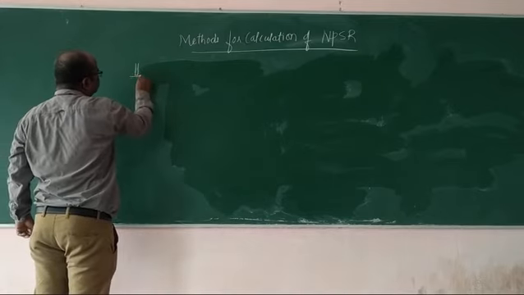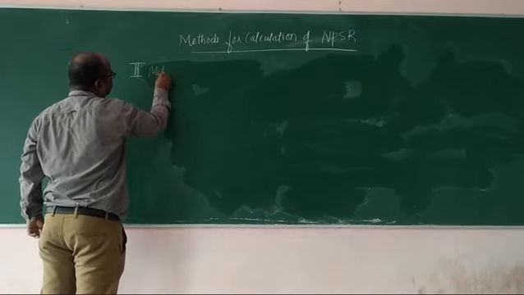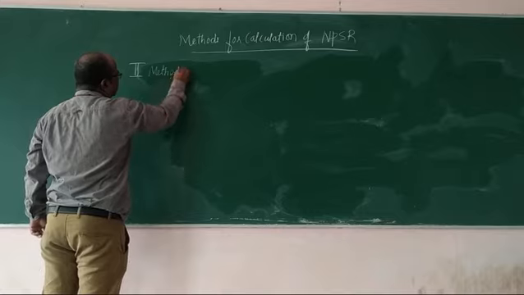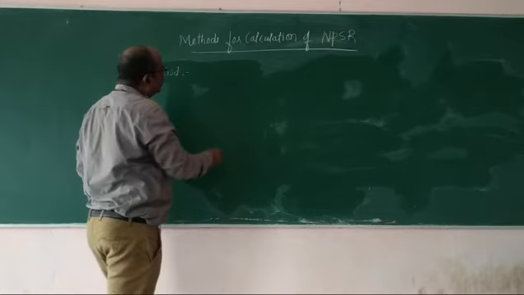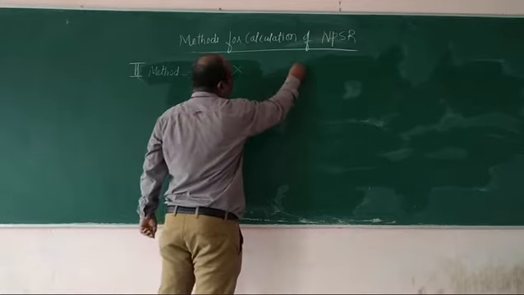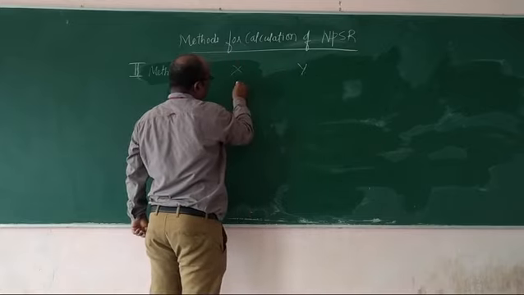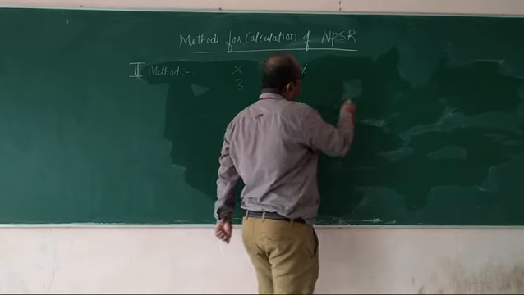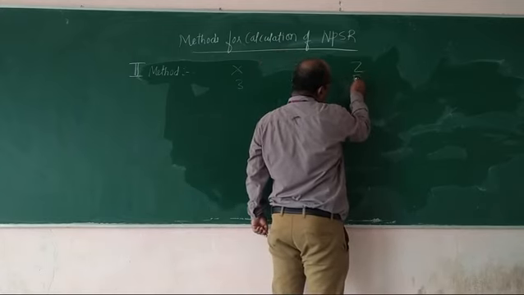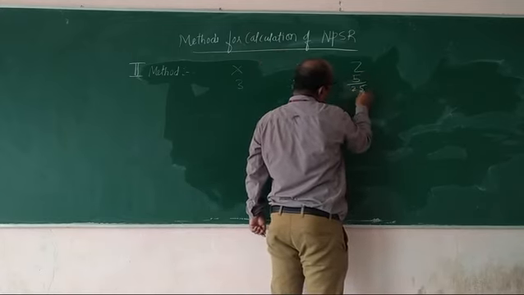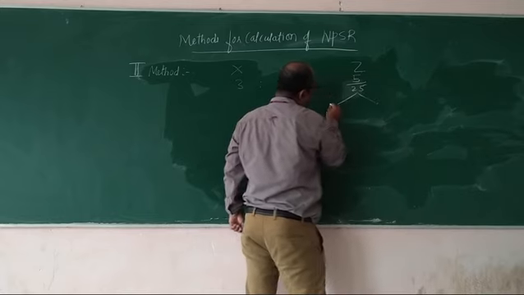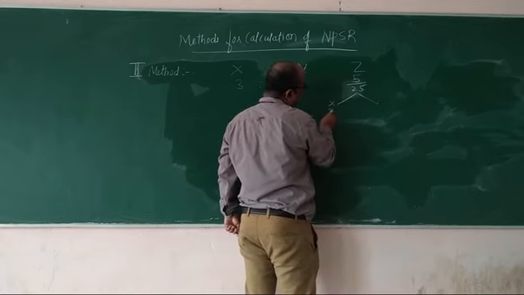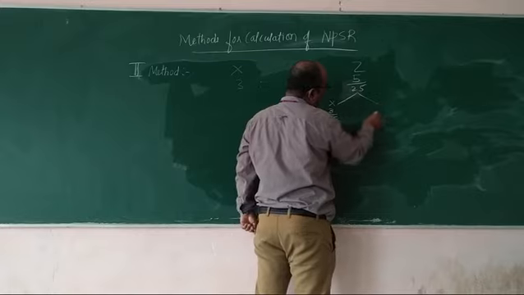Second method: here X, Y will be partners. Let us consider the example as these two only. And the new partner Z, his share is given as 5/25. And here it is clearly mentioned how much he obtained from X and how much he obtained from Y.